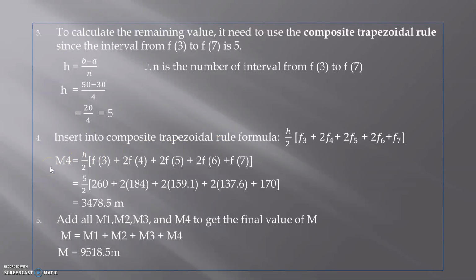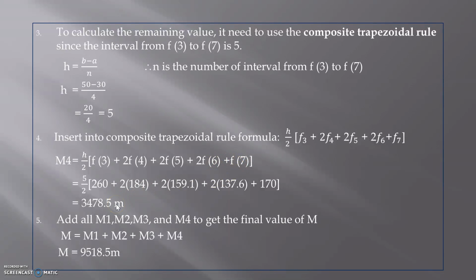So we could calculate M4, which is equal to h over 2 times function of 3 plus 2 times function of 4 plus 2 function of 5 plus 2 function of 6 plus function of 7.